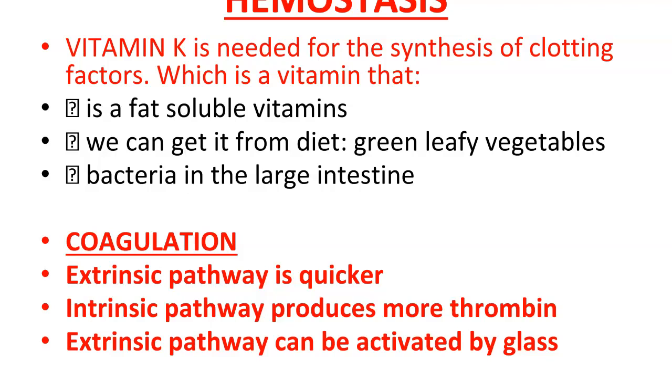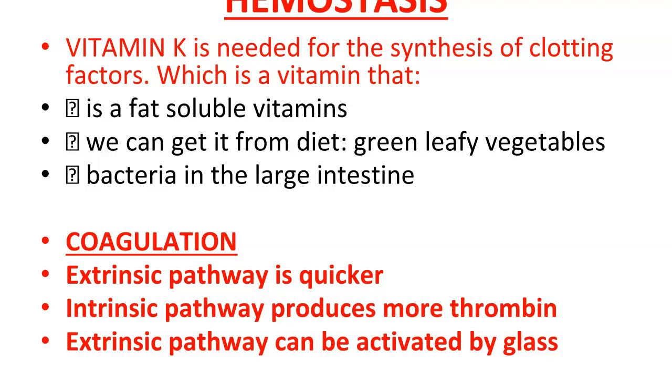We will get it from foods, or actually most of it, we get from the bacteria in our large intestines. So this is one of the vitamins made by the microbiota, the bacteria living in our large intestines, one of the reasons why we want to keep these bacteria abundant, healthy, and happy. We can get a little bit from diet, green leafy vegetables, but most of it we get from the bacteria in our gut.